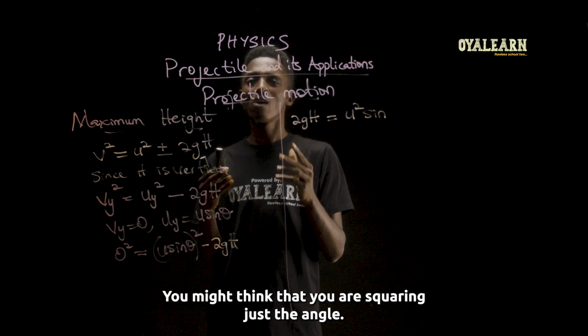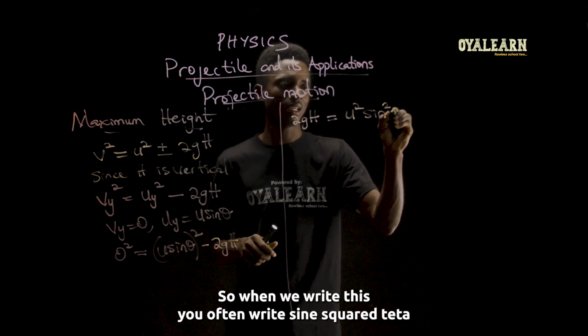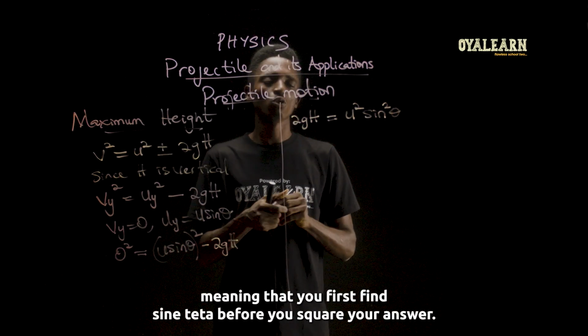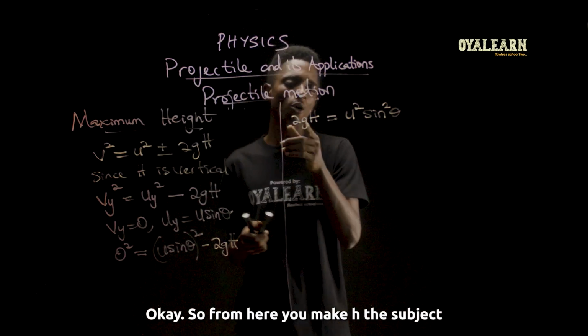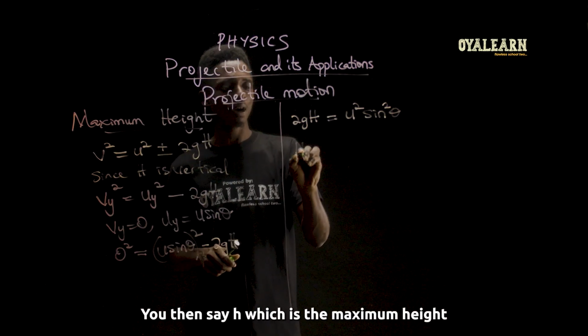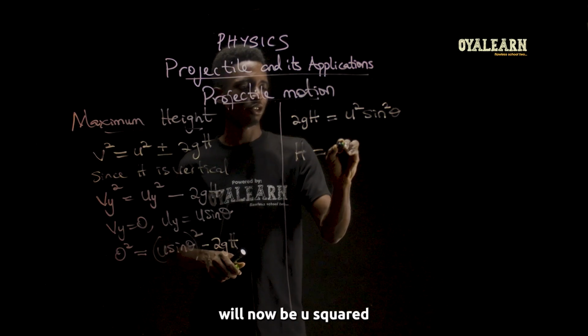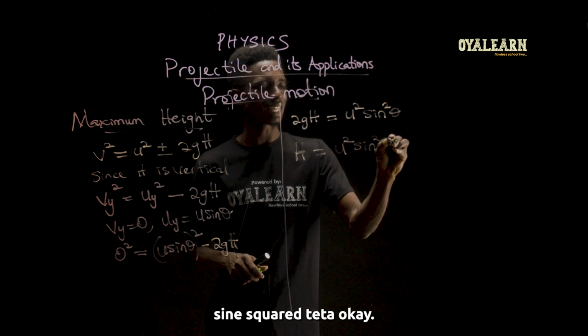You might think that you are squaring just the angle. So we often write sine squared theta, meaning that you first find sine theta before you square your answer. So from here, if you make H the subject, H, which is the maximum height, will be U squared sine squared theta.